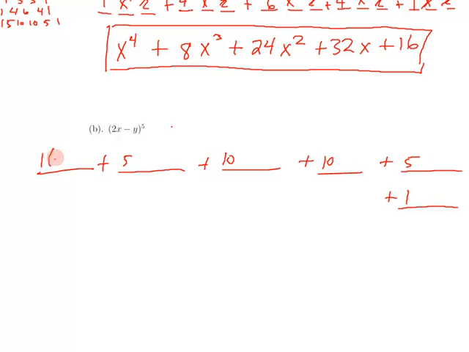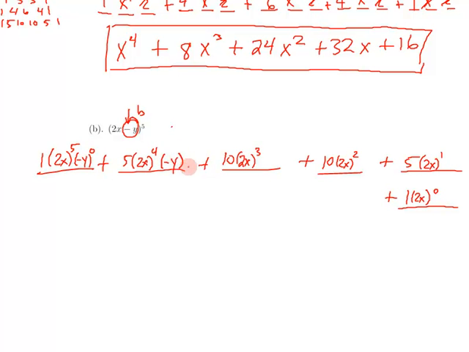Now I'll take 2x. I'm going to put it in parentheses because I've got to raise the whole thing to this power. 2x to the fifth, 2x to the fourth, 2x to the third, 2x to the second, 2x to the first, and 2x to the 0. Now look at this right here. The minus sign means that whole thing is b. So I'm going to have a negative y to the 0, a negative y.